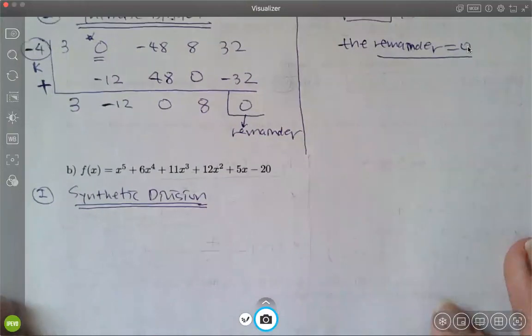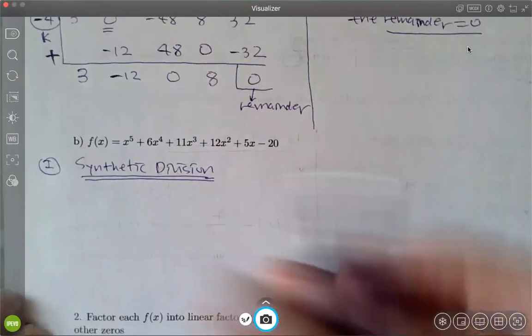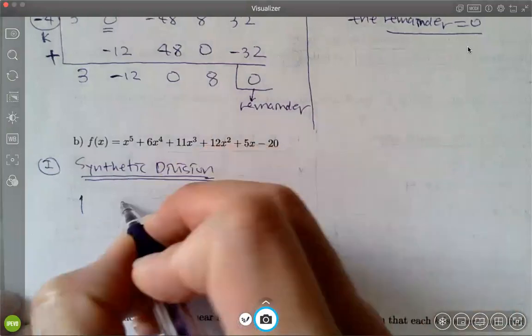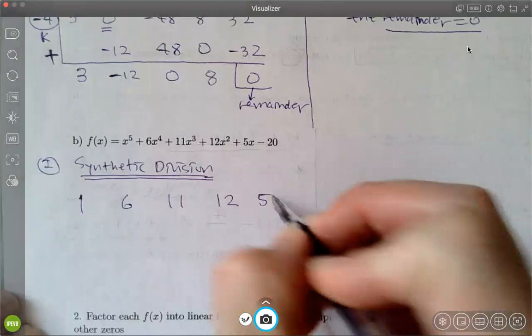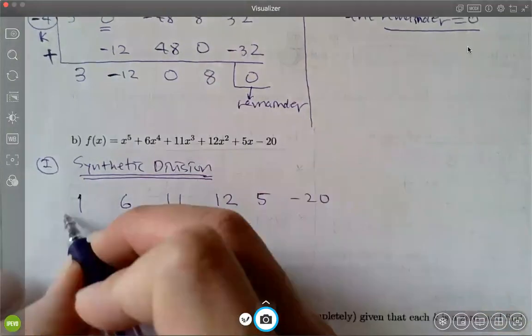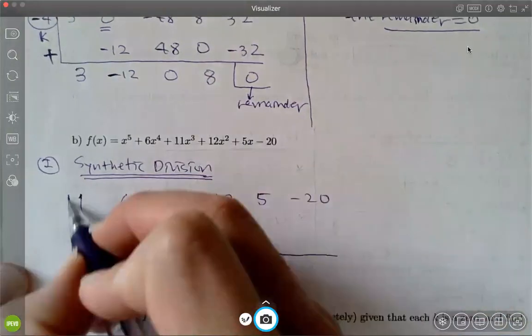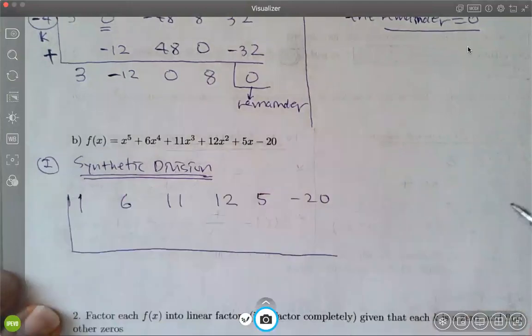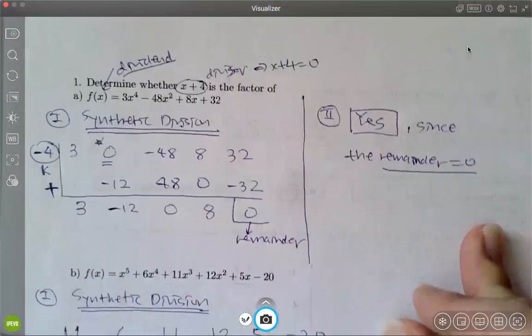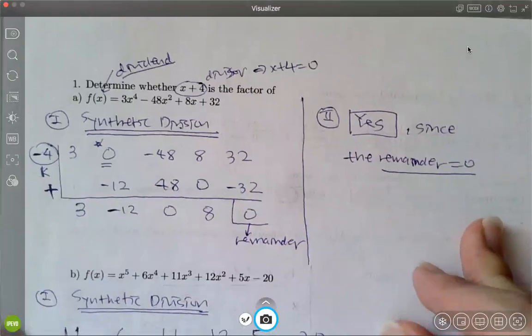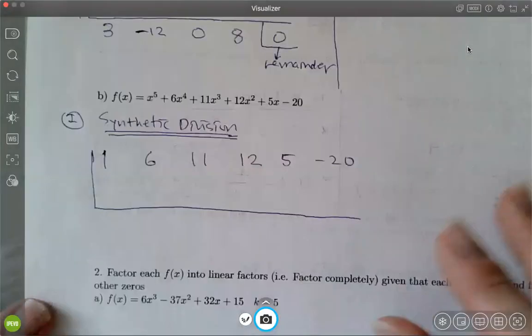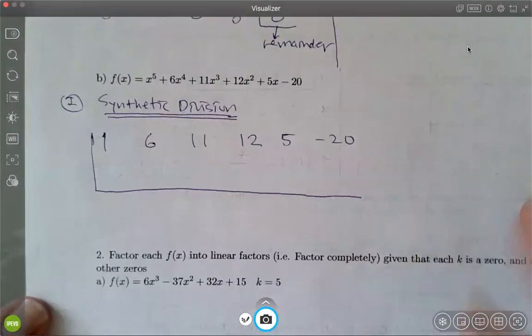What does that mean? 1, and then 6, 11, 12, 5, and -20. Since our divisor, which is x plus 4, doesn't change, we write the same number outside, which is -4.